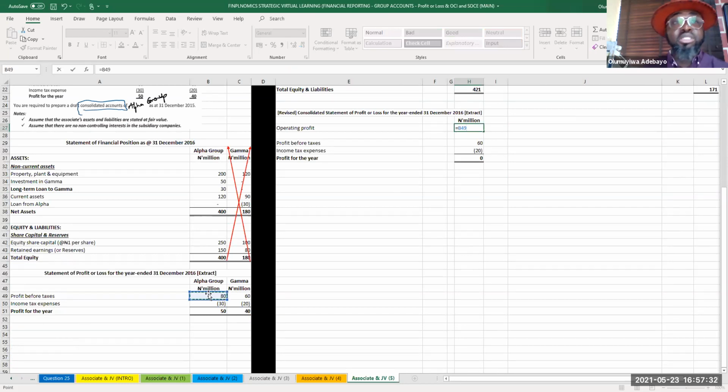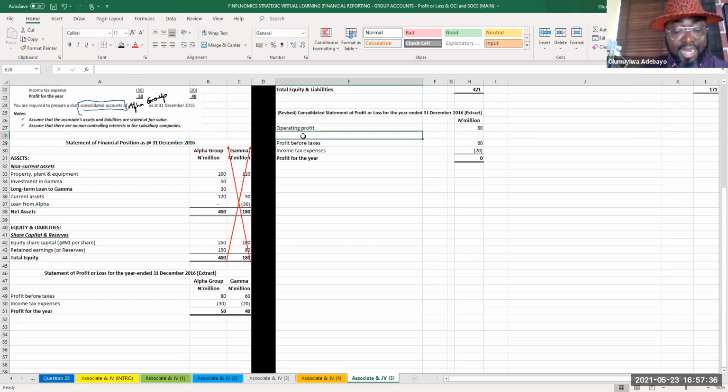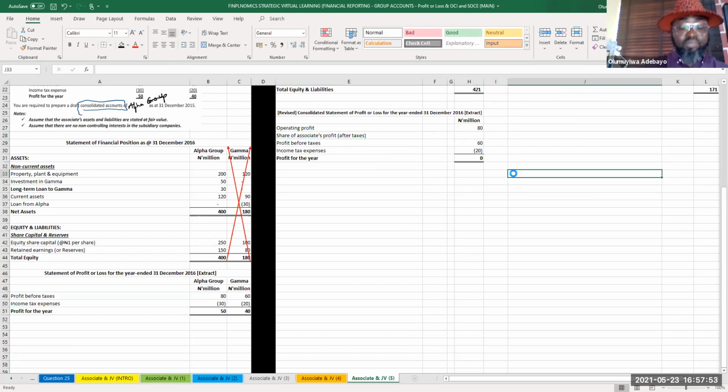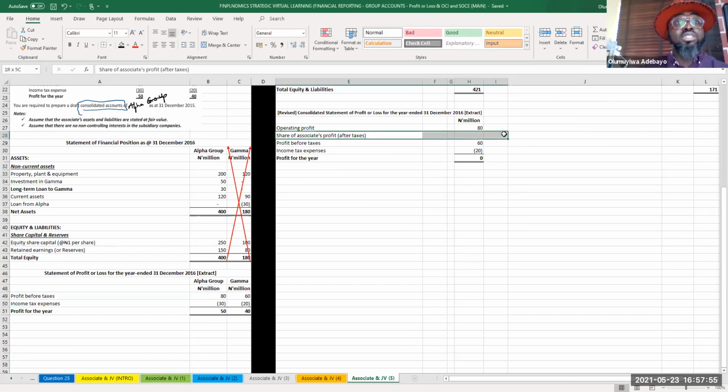which means this 80 million that is termed profit before taxes was supposed to be the operating profit of the group. It is then we'll now add to that the share of associates' profits. And associates' profit is always after what? Taxes. And therefore, that is what is missing in there.